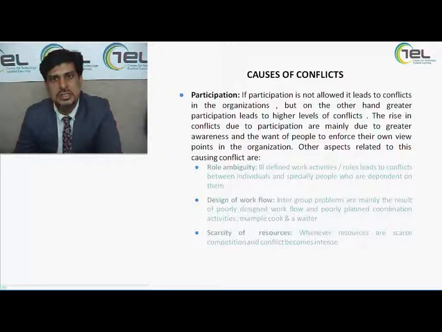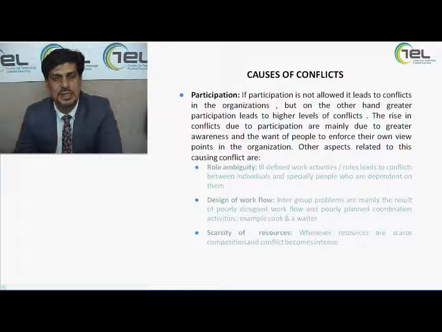So organizations need to be very careful while allowing the participation, so that it can be beneficial for the organization without coming up with a lot of conflicts.